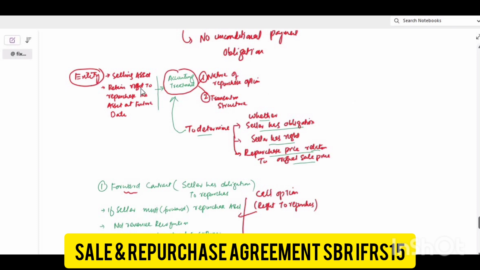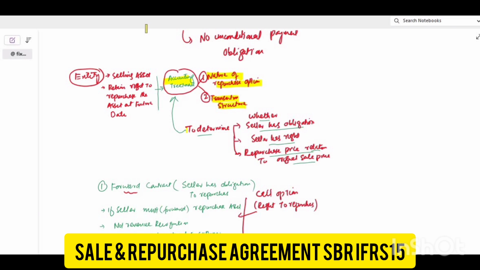The accounting treatment is based on the nature of the option and transaction structure.